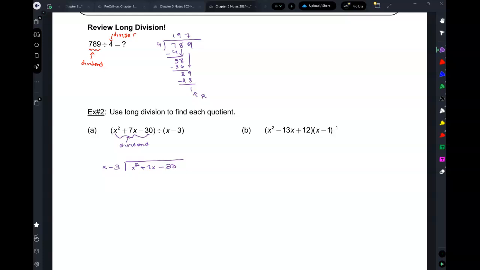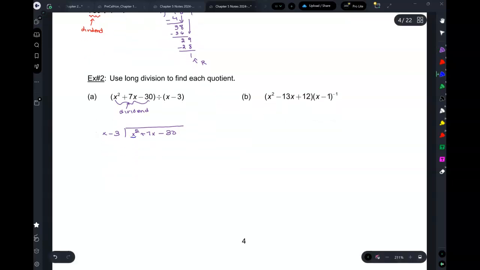Same thing. Remember how over here we did 7 divided by 4 and we got a 1? Here's what you do. The first term divided by the first term. I like to work in my little scratch area here. x squared over x, I get x.